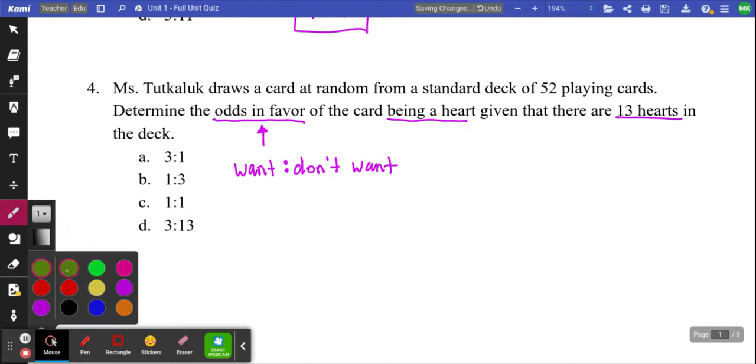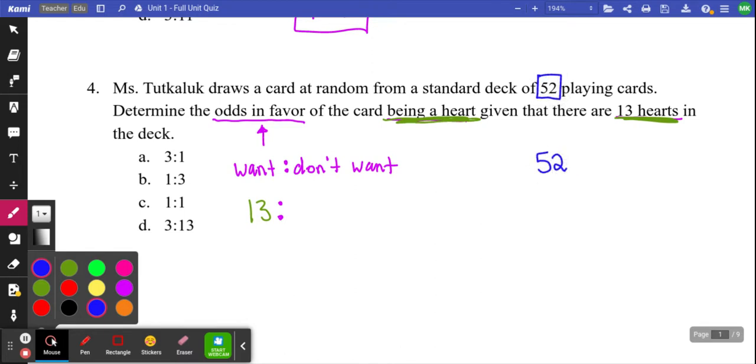In this question, it says, I want a heart, and there's 13 hearts. So there's 13 things that I want. What I don't want is not a heart. Now, not a heart is not given to you. What is given to you is that there's 52 total cards.